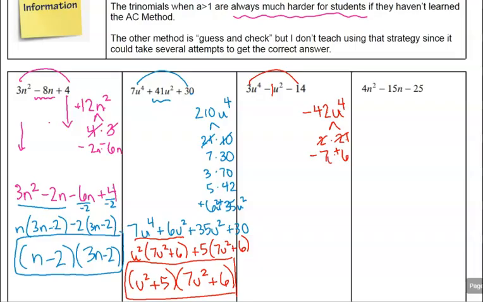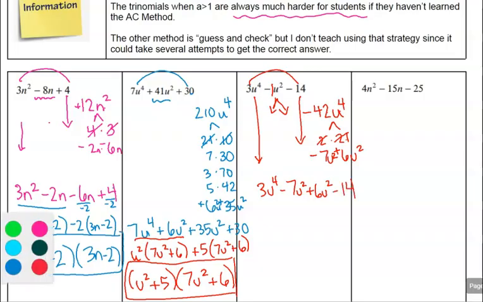So split up the u to the 4th, I get u squared, and we're going to bring down 3u to the 4th. Then I'm going to rewrite my next two terms as negative 7u squared plus 6u squared, and then we're going to bring down the negative 14. So common factor, we'll take out a u squared.